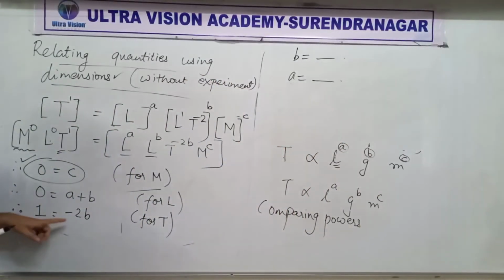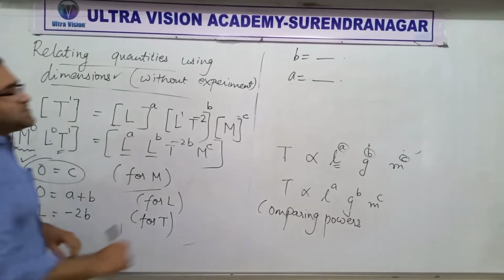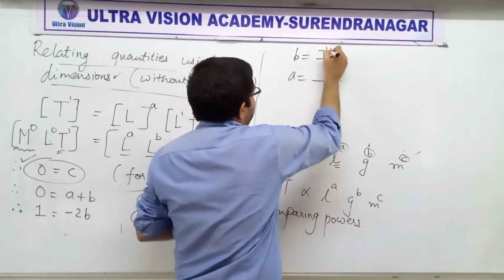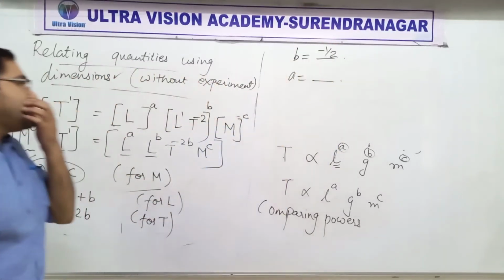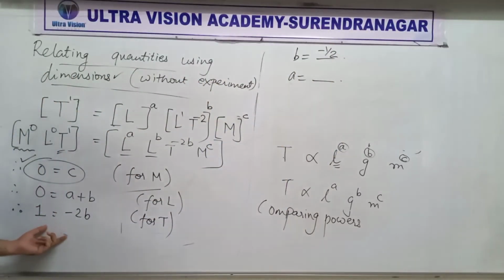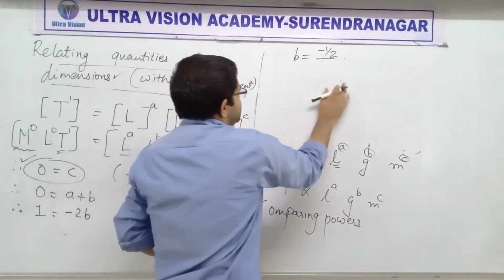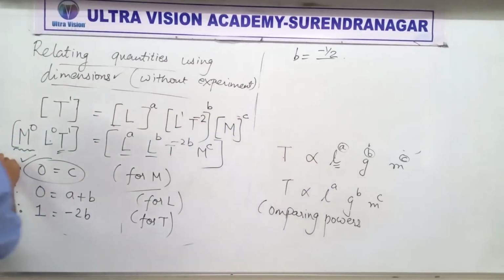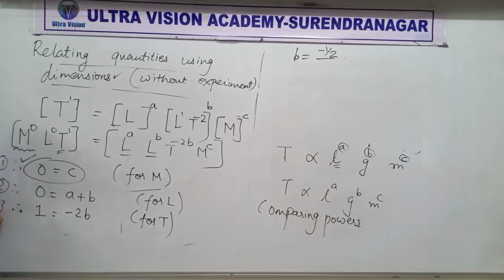Okay. So from this last equation we get b is equal to minus 1 by 2. Clear? Then we put it in the second equation. This is number 1, number 2, number 3.